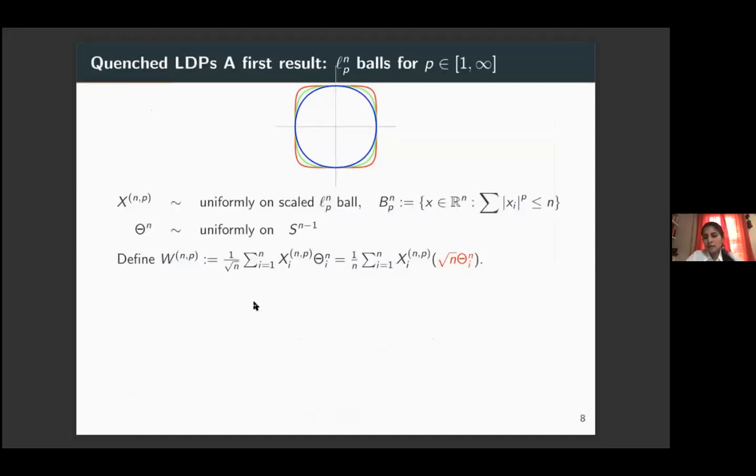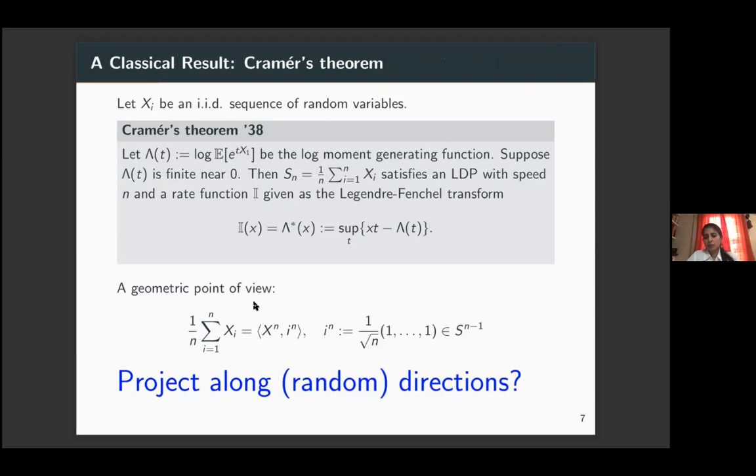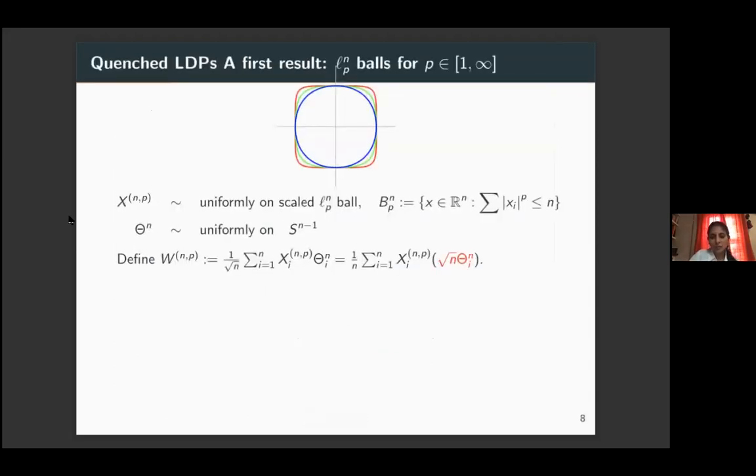So you might ask, let's look at not just IID random vectors. We might want to look at more general random vectors. A natural first case in convex geometry is to look at Lp balls. So if you take Xn now coming from Lp balls, and you make this 1, 1, 1 direction more general, with theta n being random, then Xn is uniformly distributed on the scaled Lp ball, which is the unit ball in Lp, and theta n is uniformly chosen from the L2 sphere, right?